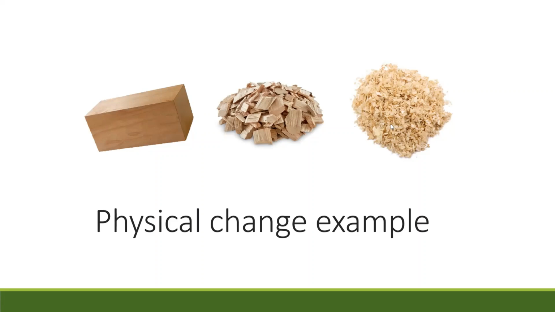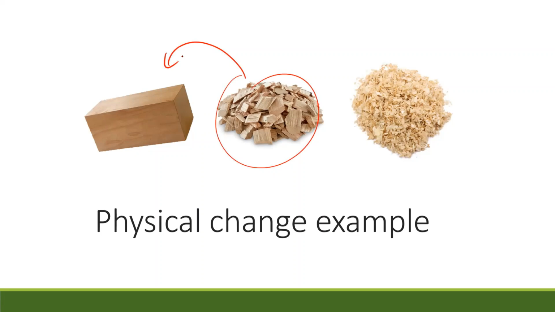The other way that you can usually tell the difference between a physical change and a chemical change is if you could go backwards. Now, in theory, you can't go backwards in this, but if you had all the time and patience in the world, you could put each of these blocks back together like a jigsaw puzzle.